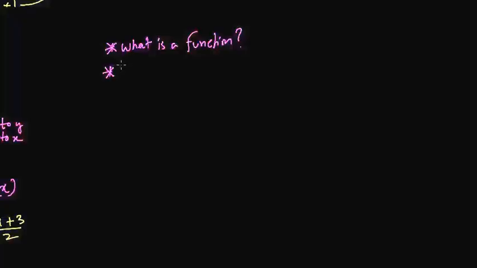Of course everything should have, but it's not obvious. For certain expressions, we might have more than one value. The next one, what is domain and range? Domain is the possible input value and range is the possible output value.